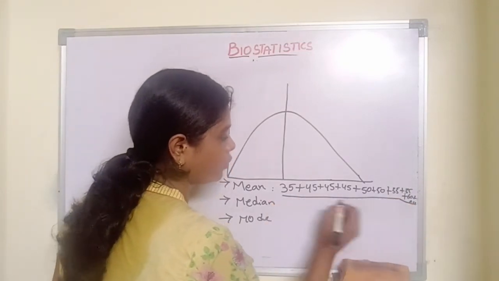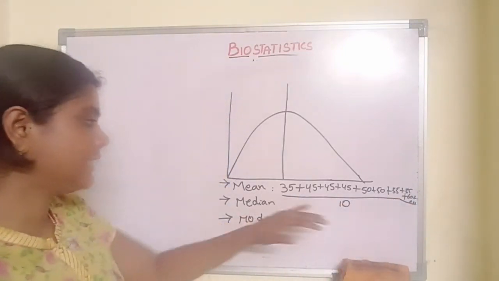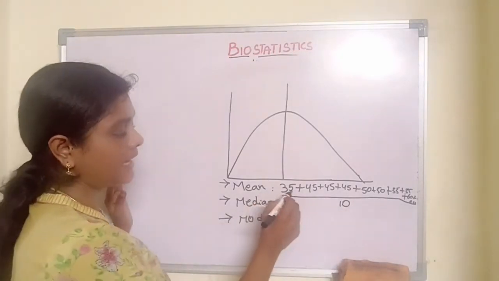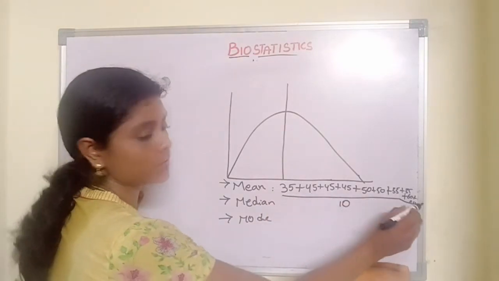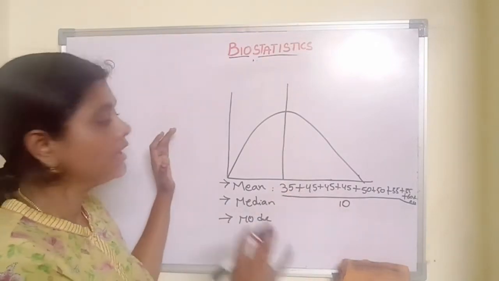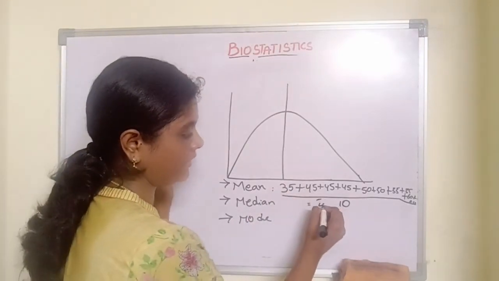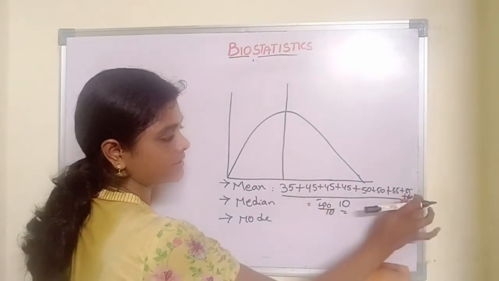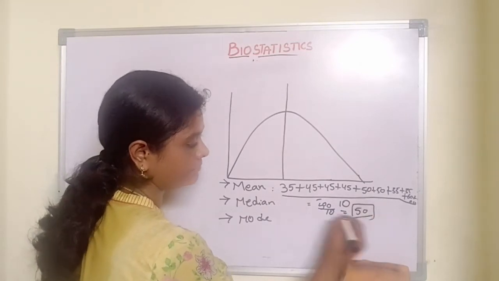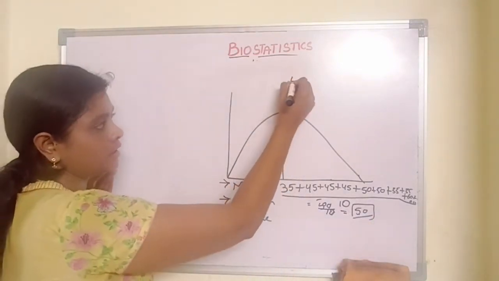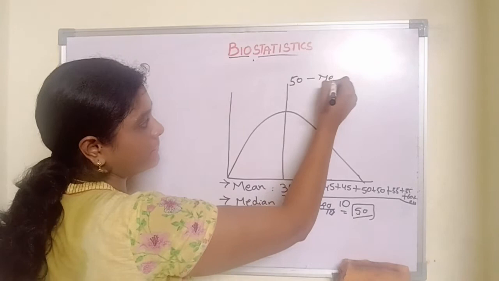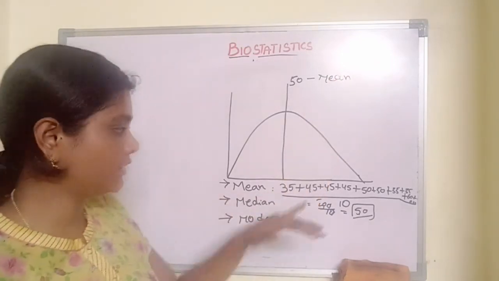So the number of total observations is 10, and we are adding each and every individual observation, each and every individual mark achieved by the 10 students. So now this is coming around 500 by 10. So this sum is 500 divided by 10, that is 50. So here for that class example, what is the mean? Mean is 50 for this example.